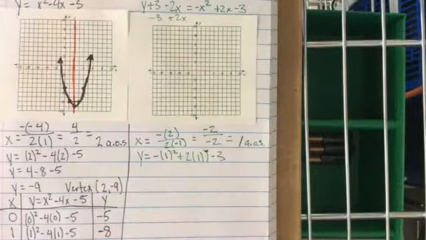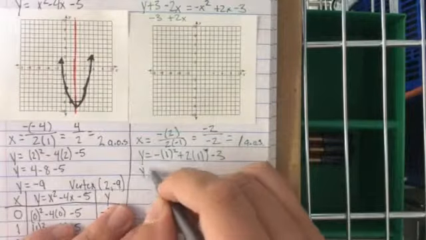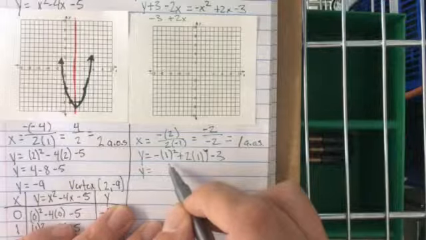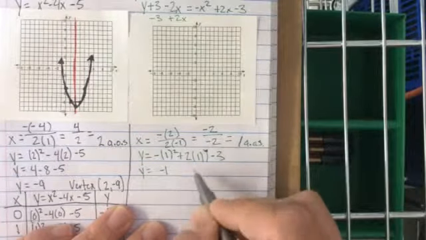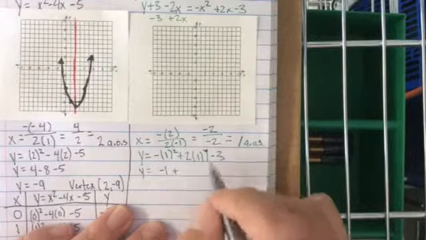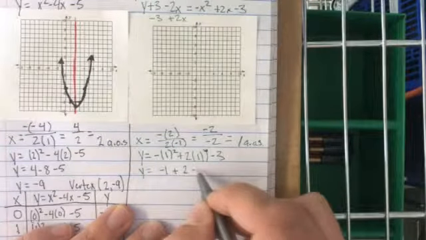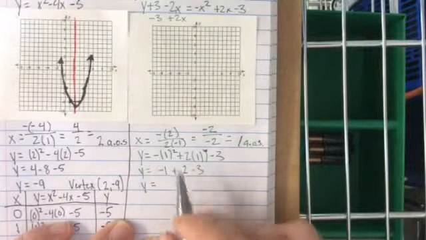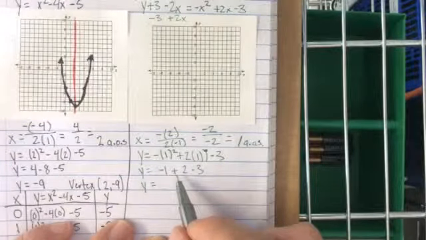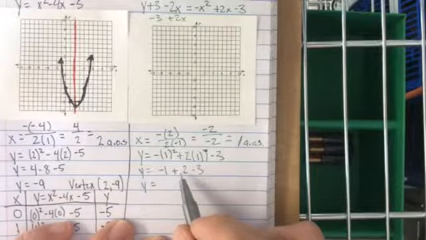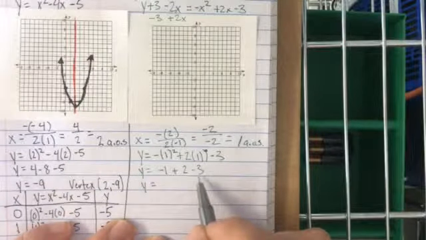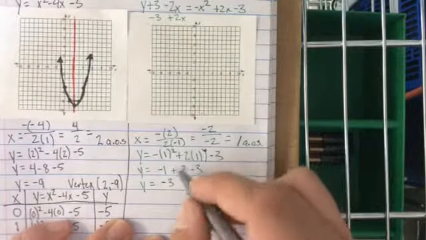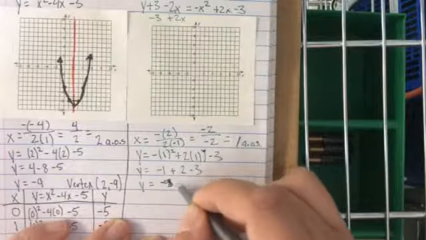We're good. So we have y equals the negative of 1 squared, negative 1. 2 times 1, 2, minus 3. So y equals negative 1 plus 2 minus 3. So 1 minus 3 is negative 2.